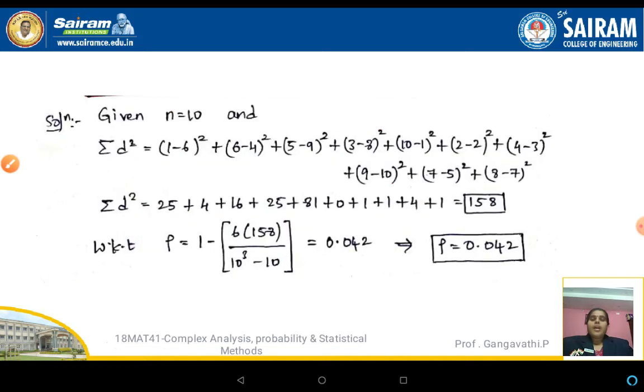So let us see how this problem can be solved. Given n is equal to 10, the number of ranks, we need to calculate di, the difference between the ranks. Let us observe the previous slide.